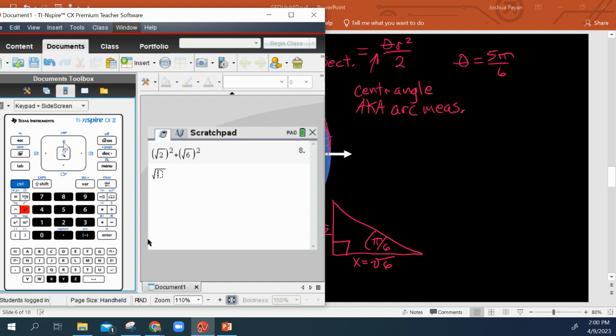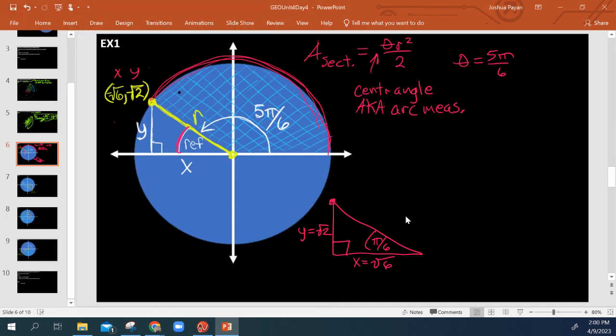So the square root of 8, we're very close to 8, and we get about 2.83. So our radius from here to here is about 2.83, or it is precisely the square root of 8. So I'm just going to say it's the square root of 8.